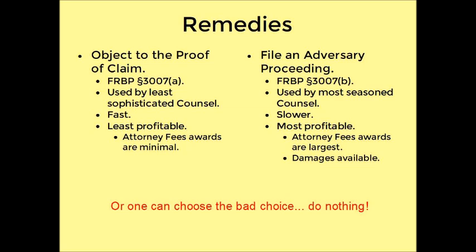Attorney fee awards are largest, and damages are available. And the reason damages come into play, because you can generally put in other very closely intertwined causes of action that are a component of the adversary proceeding and the proof of claim.